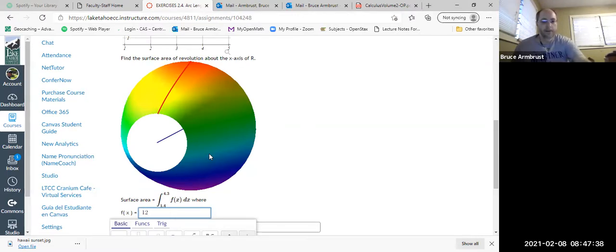So 12 pi, so 2 pi times the 6 square roots of x. And then I'm going to put them together with the 9, I think was my guy. So that's what we ended up having to integrate to find the surface area.